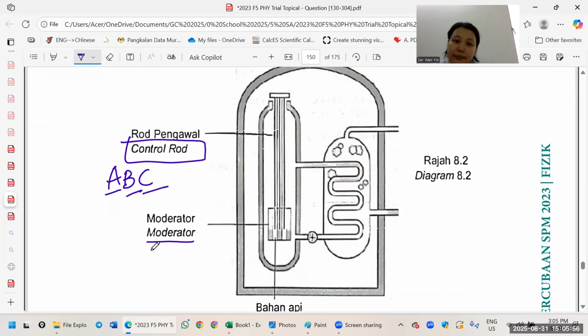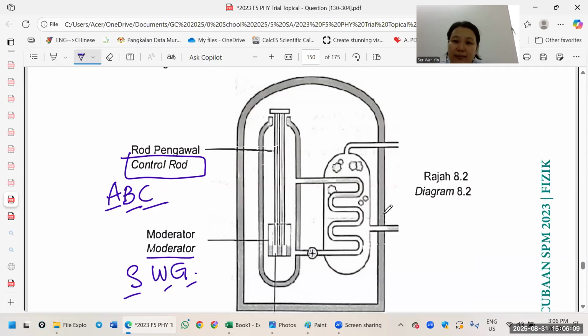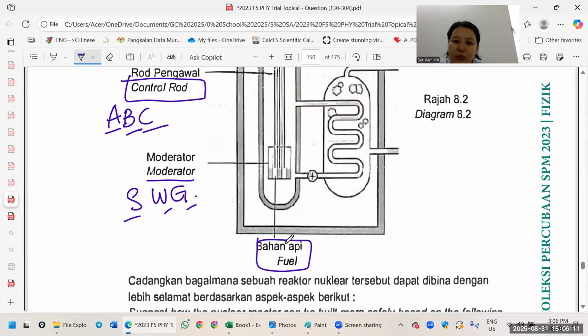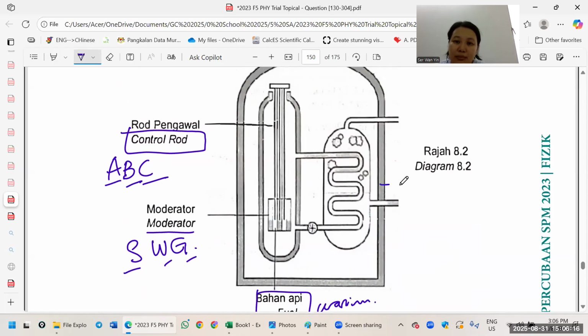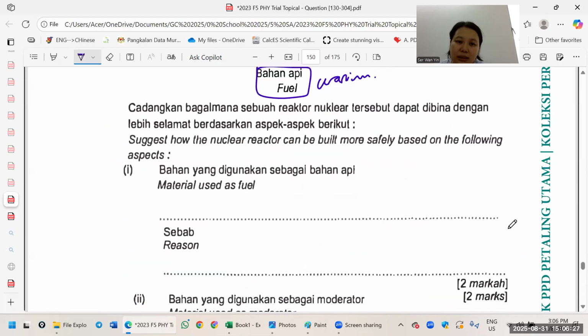Moderator: water and graphite. Slows down excess neutrons, water and graphite. Uranium fuel, uranium. Then cooling system, safety, thickness of wall. Cooling system must be water, near to water.